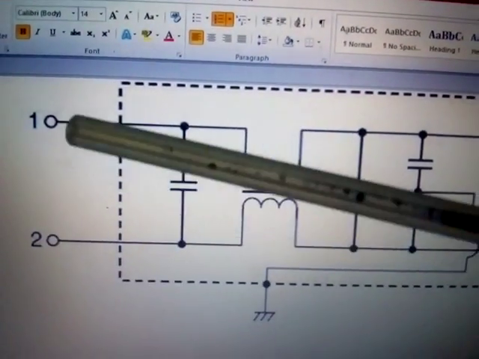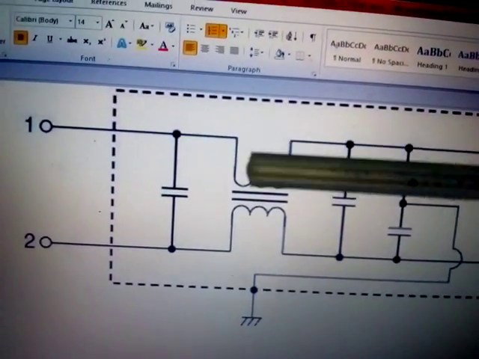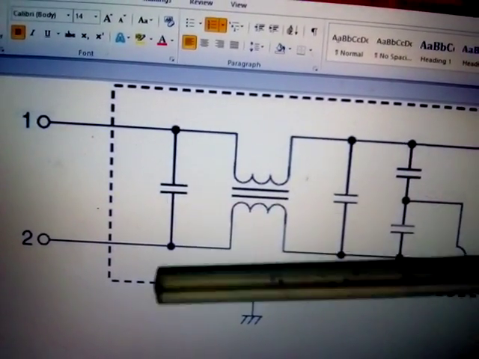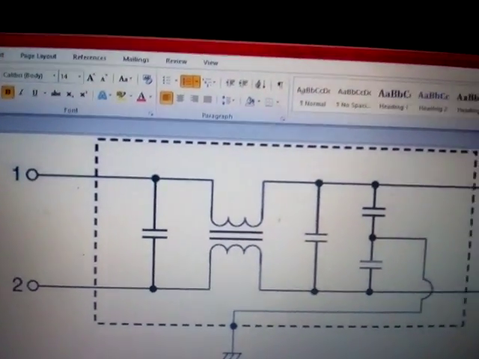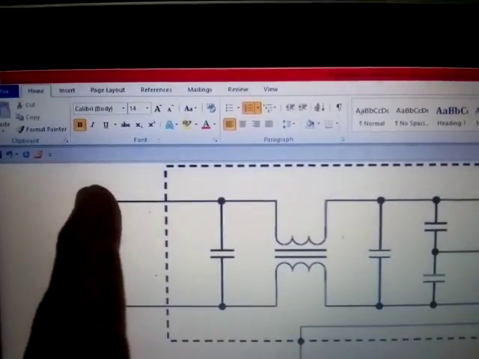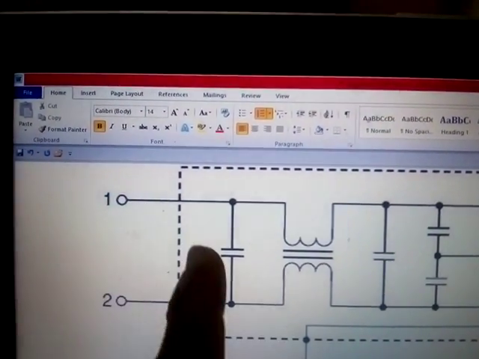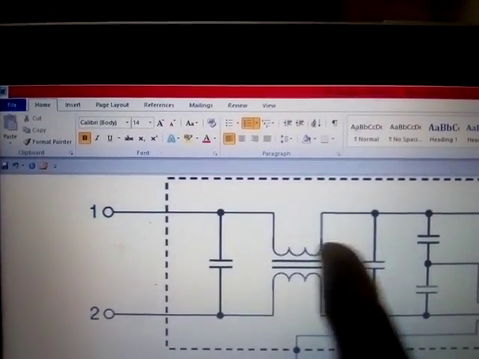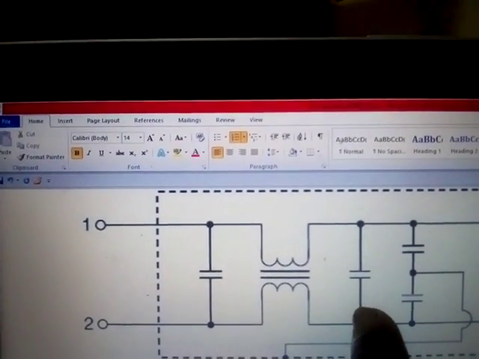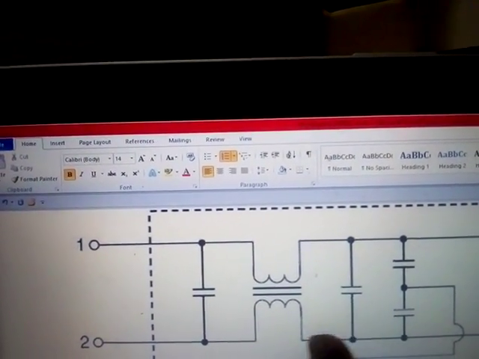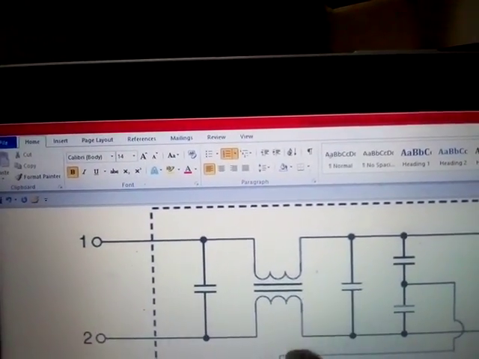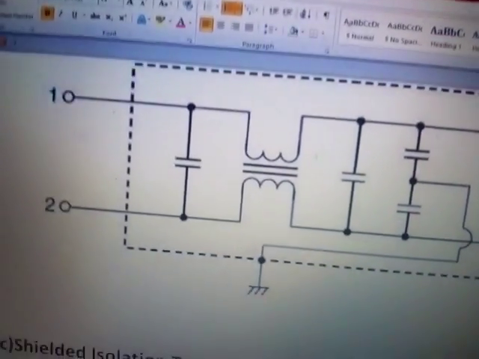If there is high frequency, the capacitor will act as a short circuit, and the inductor will act as an open circuit. So if high frequency comes, it will go like this. It will also not be allowed to pass here. Even if it passes, again you have another capacitance.